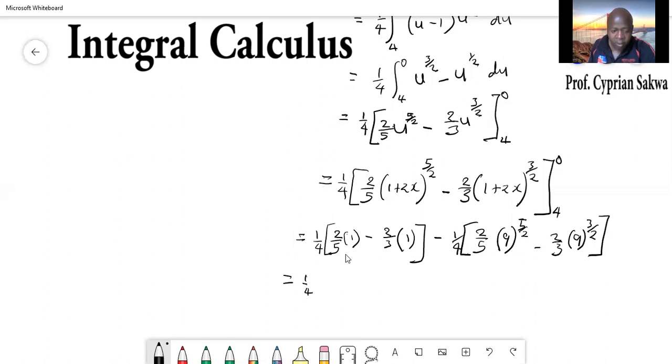This will be 1 over 4 into, our LCM here is 15, and this will be 5 going there 3 times, so this is 6, minus 3 is going into 15, 3 goes into 15 5 times, so this will be 10.